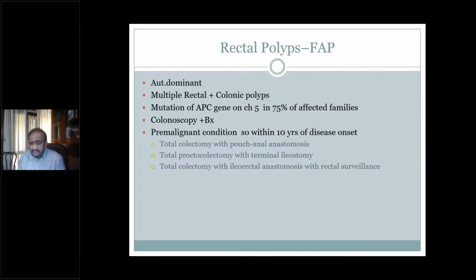So if you have identified APC in a particular person, within 10 years this patient should be surgically treated either with a colectomy, depending upon the extent of involvement, and then carry out a pouch anal anastomosis, or go ahead and do a total proctocolectomy with terminal ileostomy, or you can do a total colectomy with ileorectal anastomosis with rectal surveillance. Why is that required?